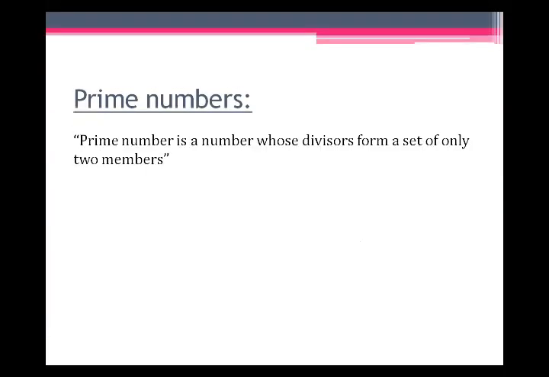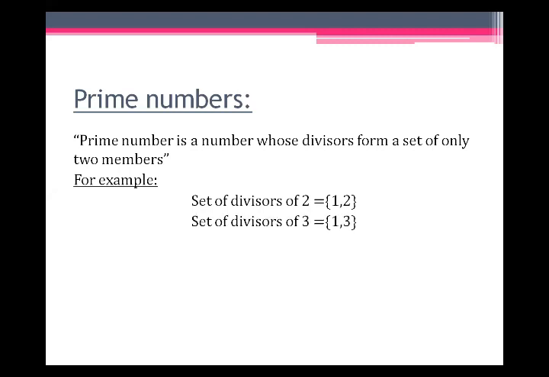Now students, here we start. What are prime numbers? A prime number is a number whose divisors form a set of only two members. For example, set of divisors of 2 is 1 and 2. Set of divisors of 3 is 1 and 3.